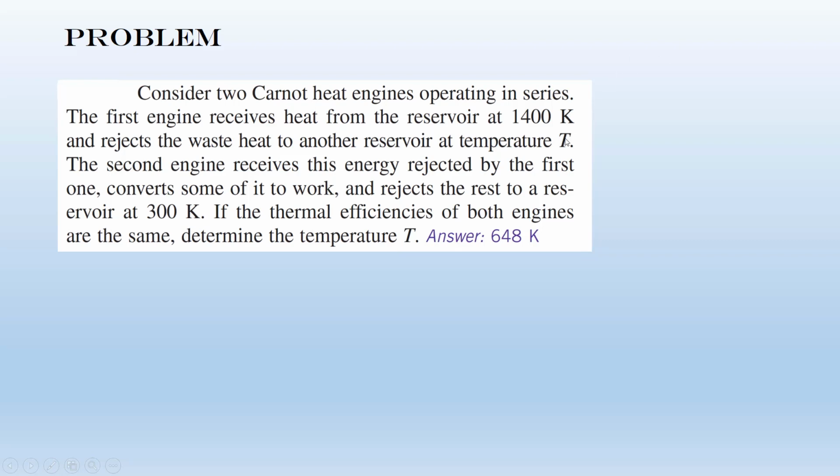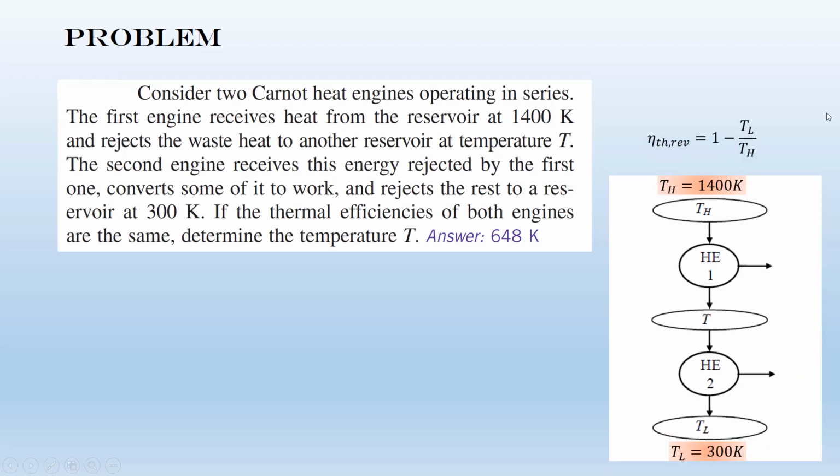This temperature here. Again, guys, the first step, you need to draw a simple schematic. So we have two Carnot heat engines, and we have three reservoirs. Look, guys, this is heat engine one, which works between TH and T. The second one works between T and TL. So temperatures must be absolute temperatures. You have the absolute temperature, you're good.